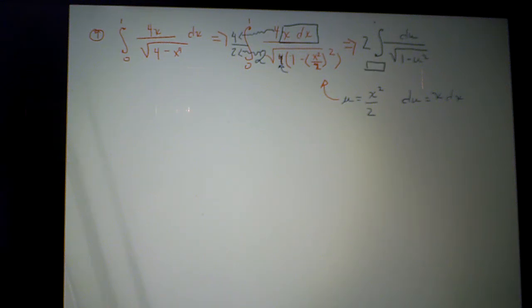My limits of integration as blue u numbers. My upper limit as an x was 1, so if I put 1 down here, and take the lower limit 0, what is that?